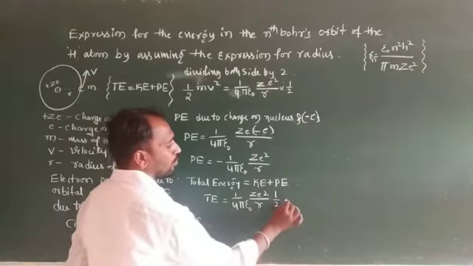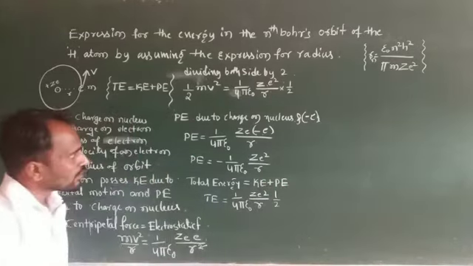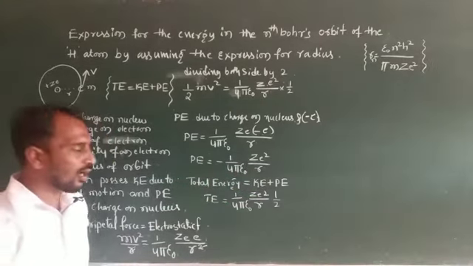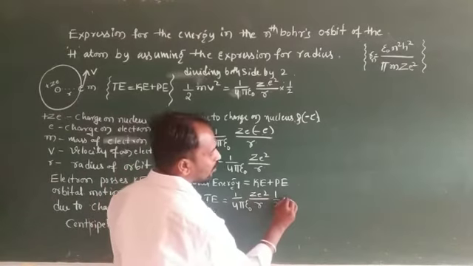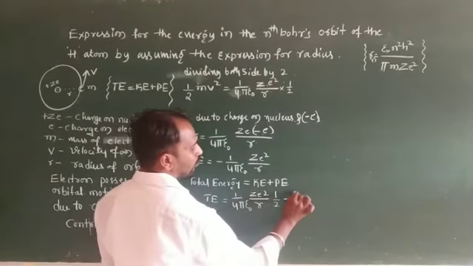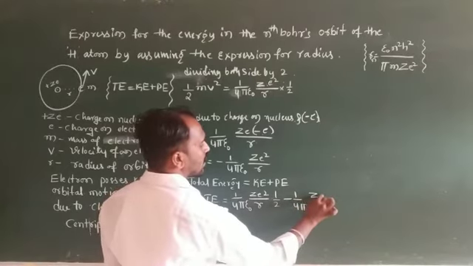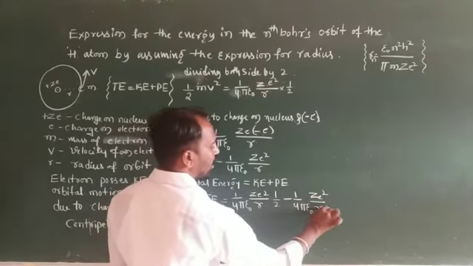Next, plus potential energy, minus 1 by 4 pi epsilon naught Z E square divided by R. Minus into plus, minus 1 by 4 pi epsilon naught Z E square divided by R.